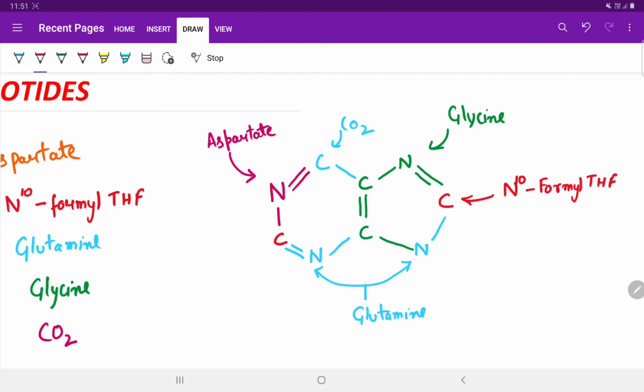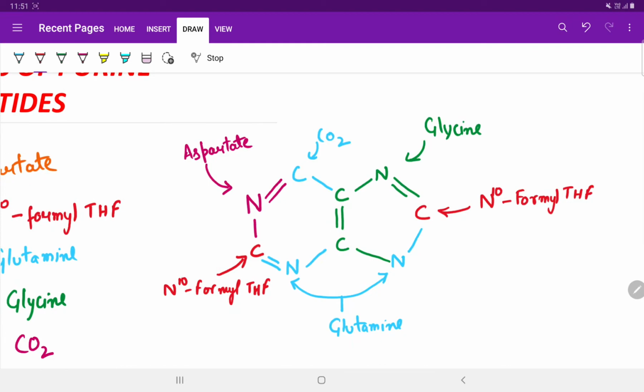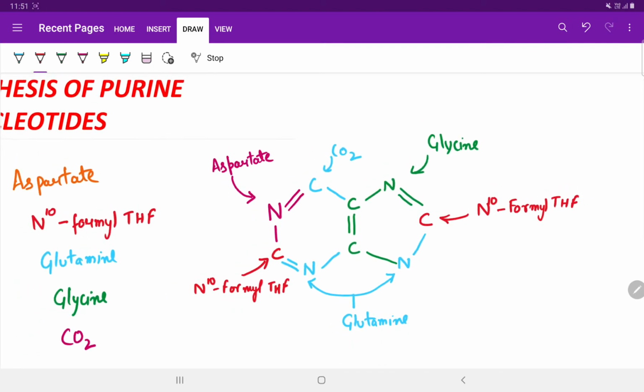Now this carbon fragment is again provided by the N10-formyl THF. So you can clearly see here how a purine ring is formed. These are the different fragments that are donated by the various precursor molecules.